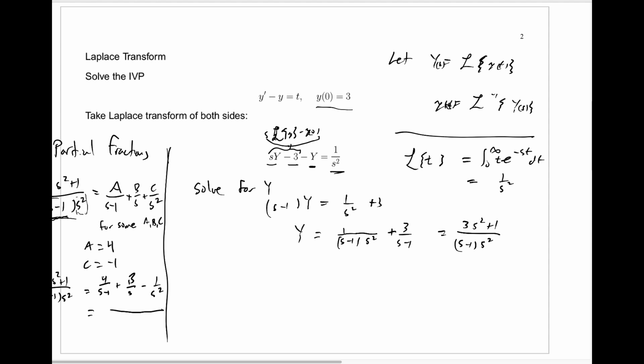The first term is 4s squared over that common denominator, s minus 1 times s squared. You see that what I have there is just this first term. The B over s term is exactly B times another s times the s minus 1 over that common denominator.